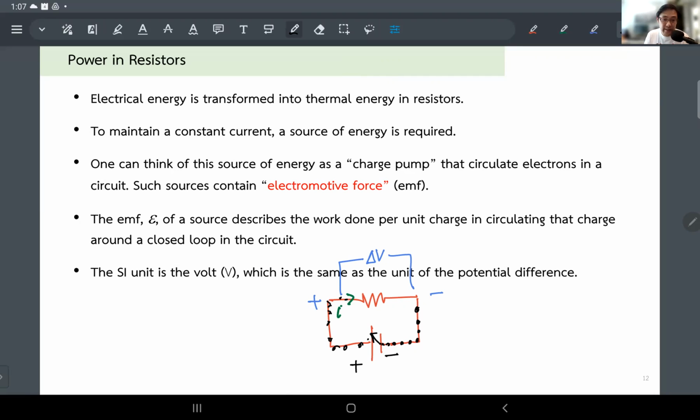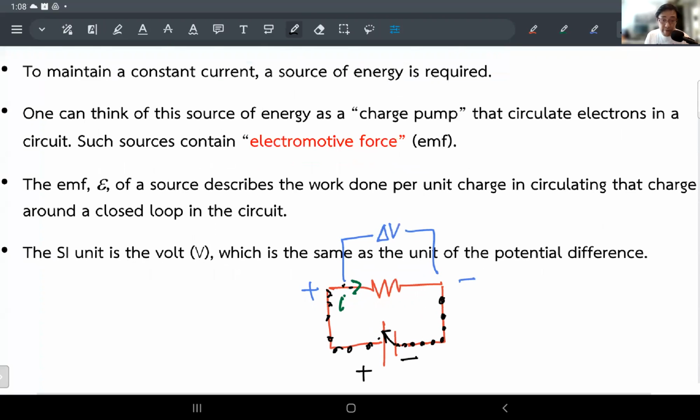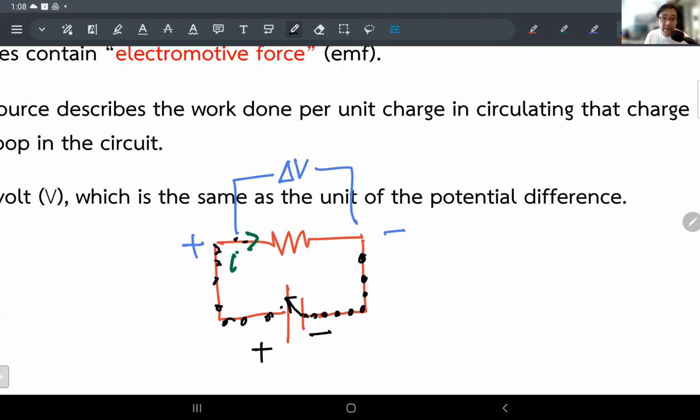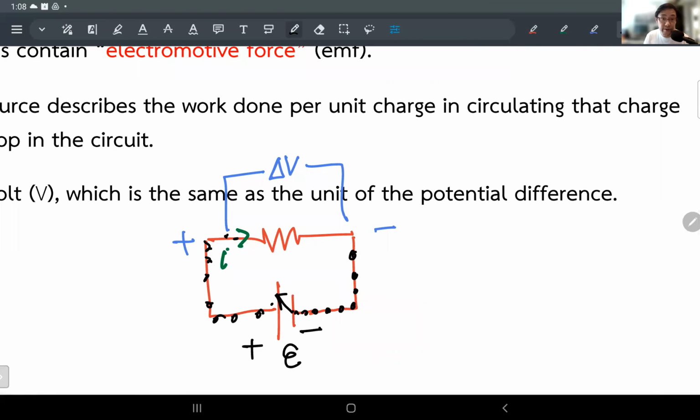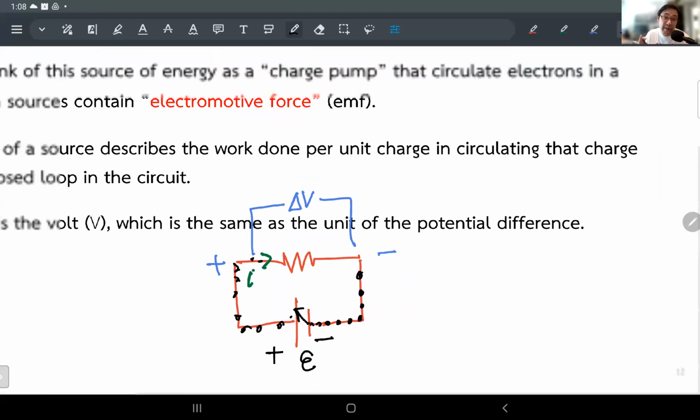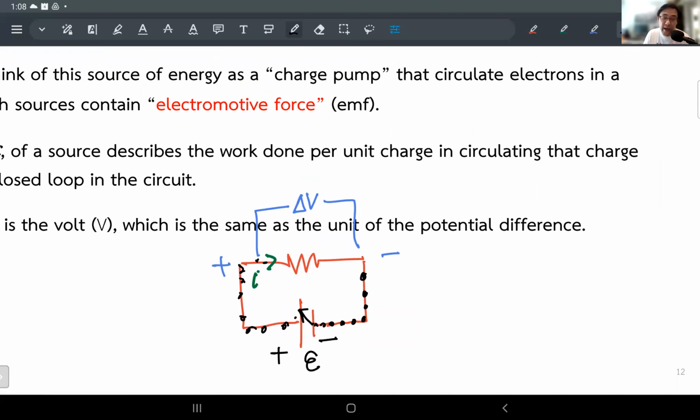Does that make sense? All right, so that's why this is the shape of a very simple circuit. It's composed of this portion that generates the potential difference. Sometimes they call it electromotive force, because this is like the force that pushes the charge in the circuits. And this one has an R to it, and there's a current flow.